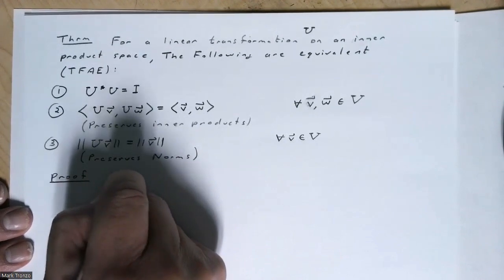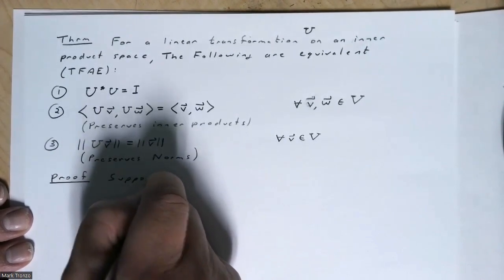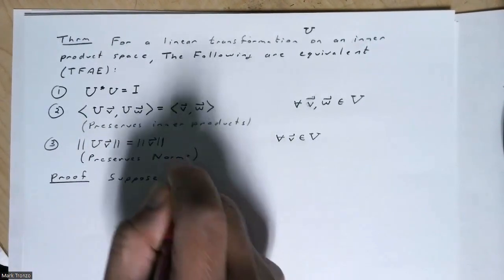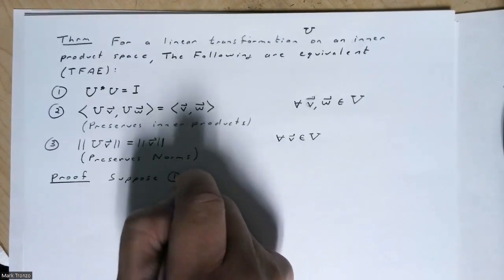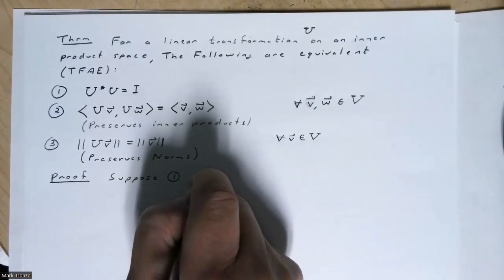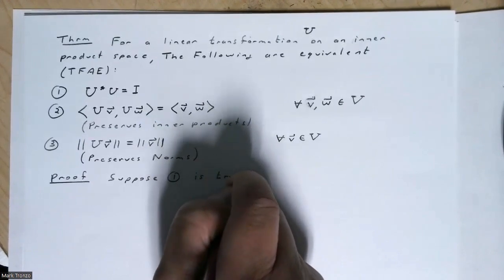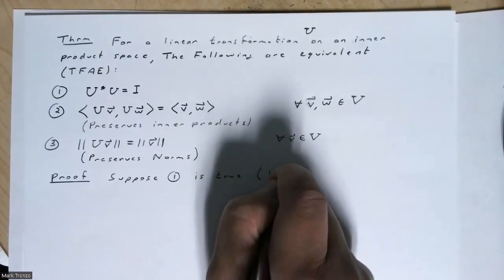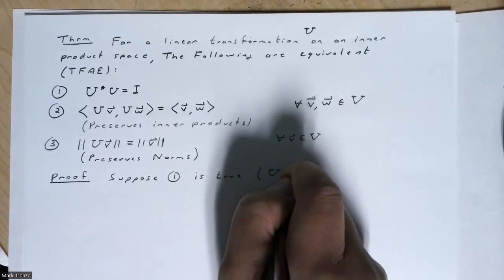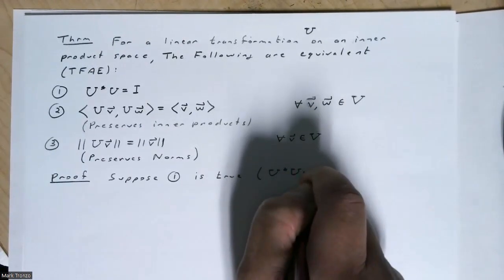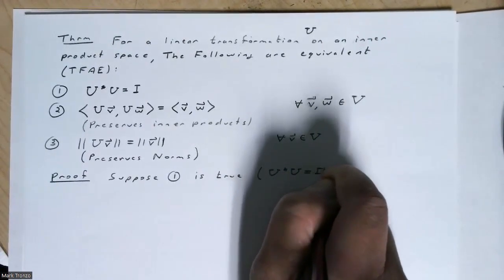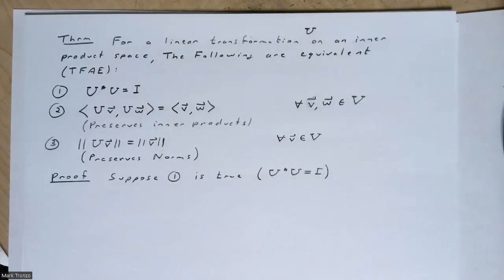And so suppose one is true. And of course, we're saying suppose that the adjoint of U with U is equal to the identity.